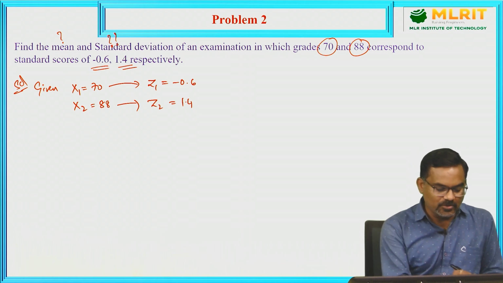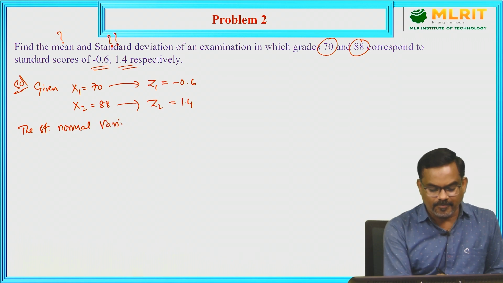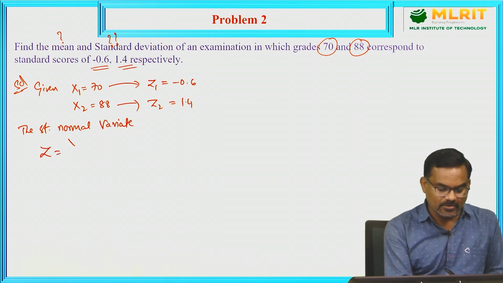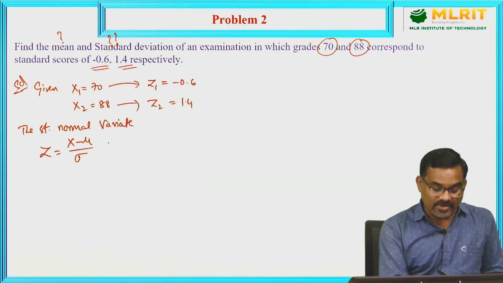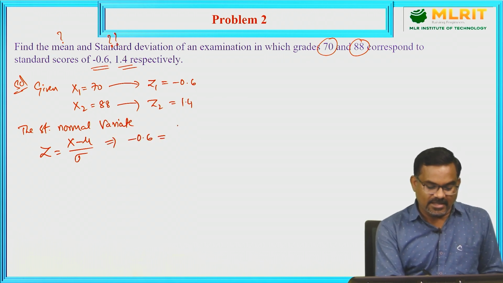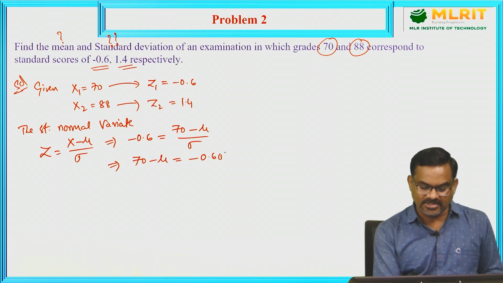So here we use the standard normal variate formula: Z equals x minus mu by sigma. So the first one implies minus 0.6 equals 70 minus mu by sigma, where mu and sigma are unknown. So from this, 70 minus mu is minus 0.6 sigma.